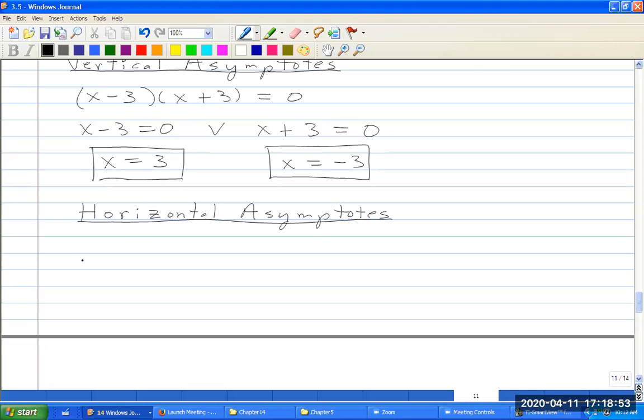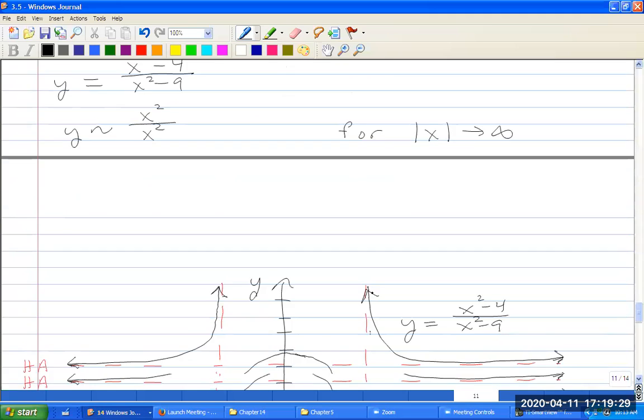So I have here y equals x squared minus 4 over x squared minus 9. So let's look at the asymptotic behavior as x goes to infinity. x squared minus 4 is pretty close to x squared, and x squared minus 9 is pretty close to x squared, for values of x that are extremely large.